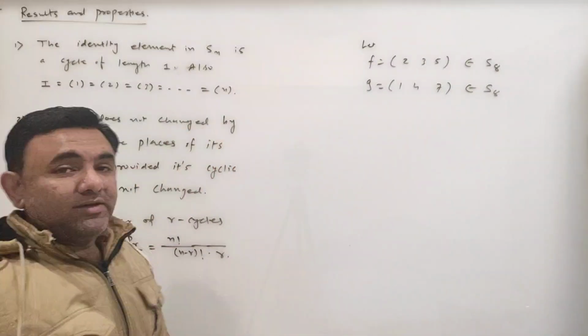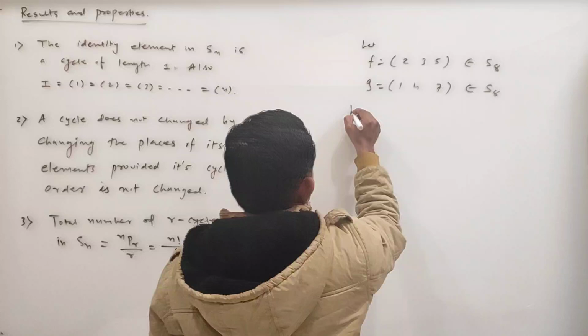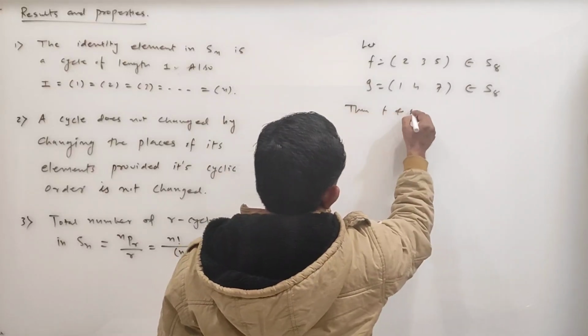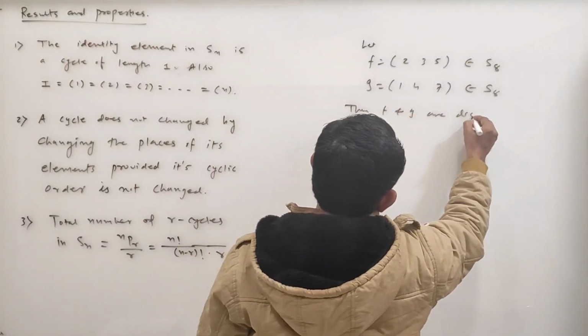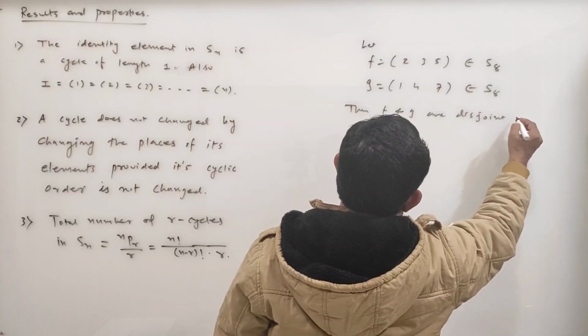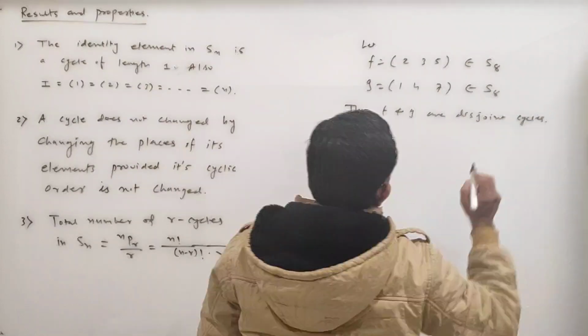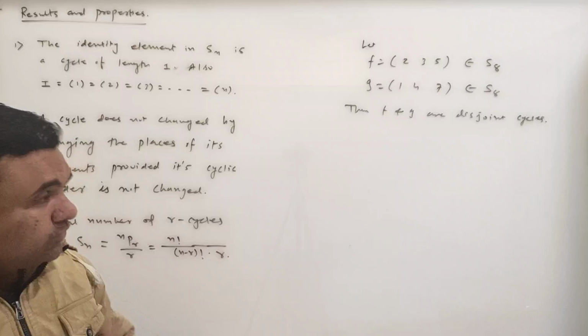You consider these 2 cycles. Then f and g are disjoint cycles.